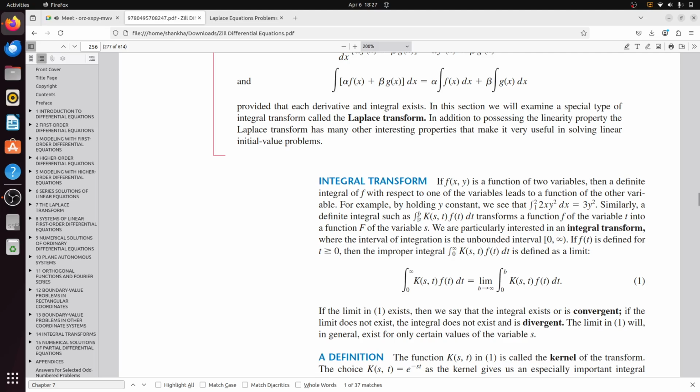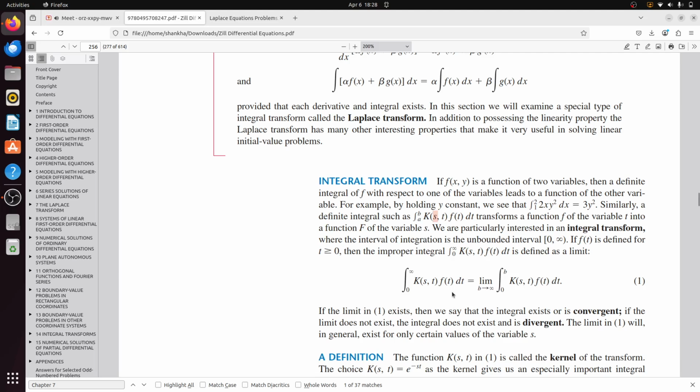Now what will happen if, instead of integrating f(t) dt from a to b, we consider a function K(s,t)? Here this t is the independent variable t, because integration is carried over t, and s is another parameter argument.